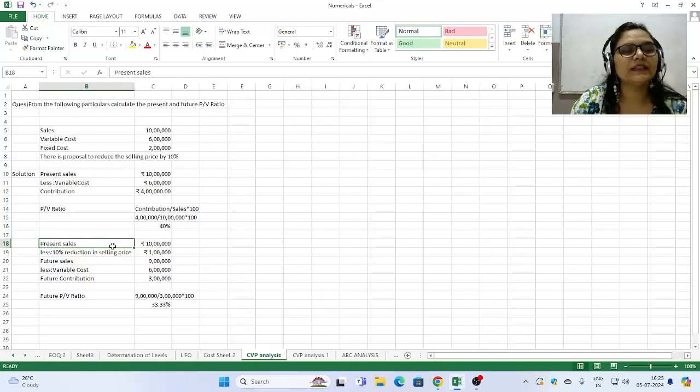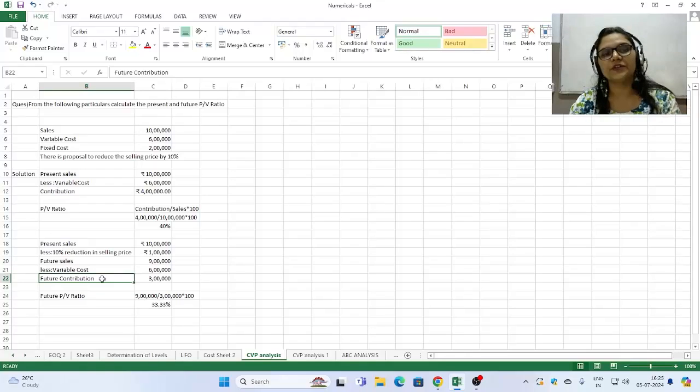Now present sales is 10 lakh. It is said that there is a proposal to reduce the selling price by 10%. Now if we reduce this sales by 10%, we will get new future sales, which is 9 lakh. If there are new sales being worked out, definitely there is a requirement that we should calculate a new contribution.